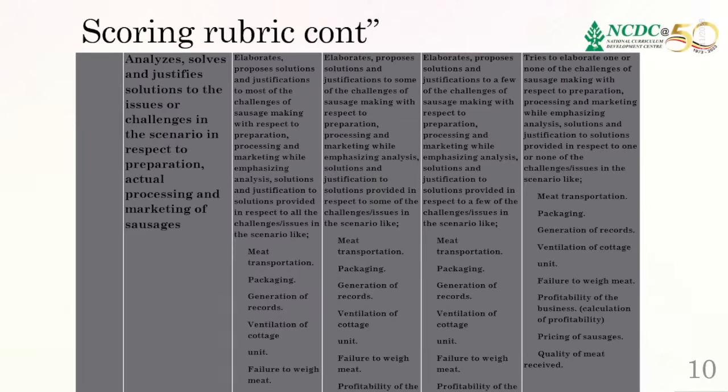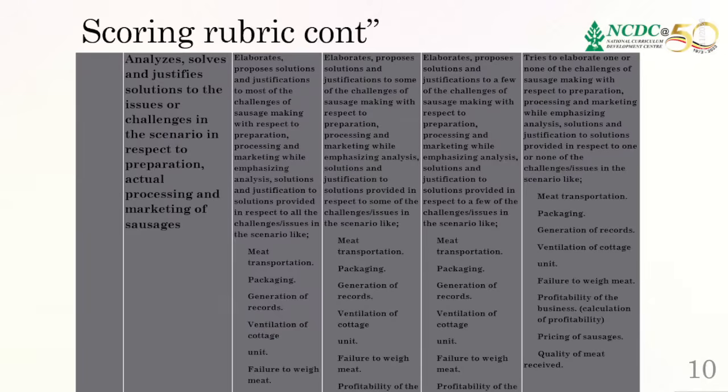And when you look at the rubric in terms of scores, scoring a 4 needs that, scoring a 3 needs that, scoring a 2 and then scoring a 1 needs that. Where we see that in scoring 1, the learner tries to elaborate none or 1 of the challenges of sausage making with respect to preparation and processing.